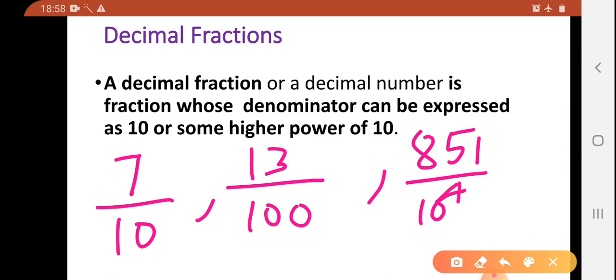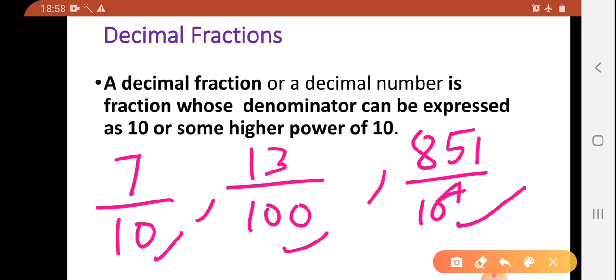The definition says the denominator can be expressed as 10 or some higher power of 10. 100 is equivalent to 10 to the power 2. So we can say these are decimal fractions.